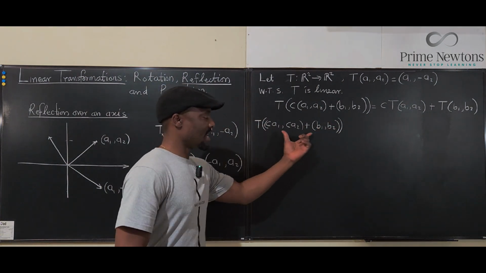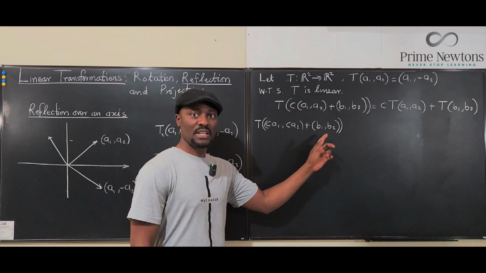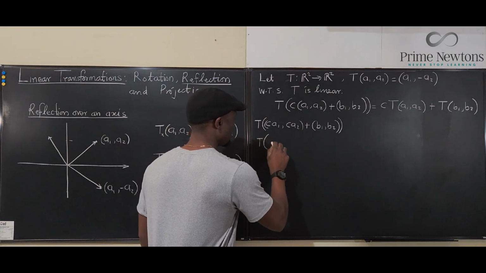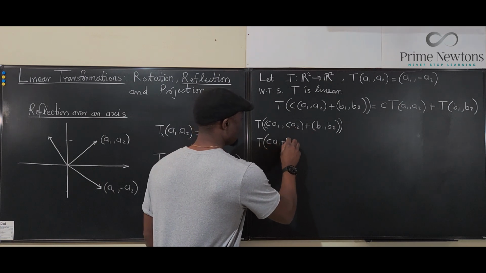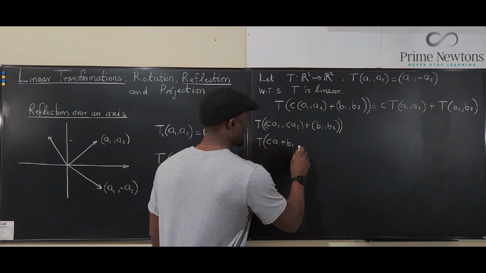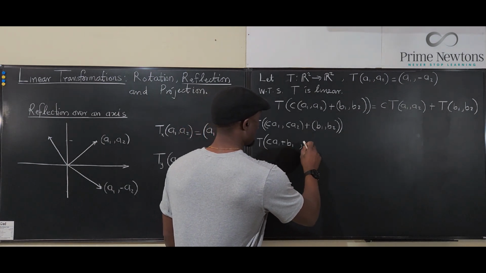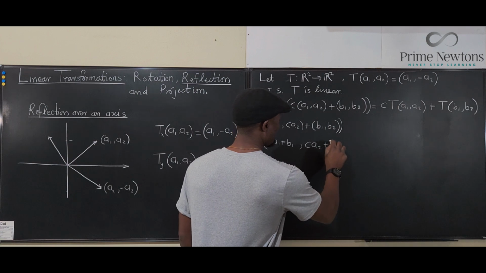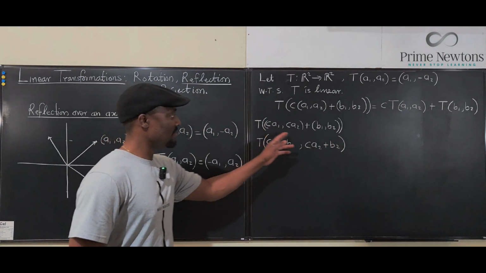Now, because they're vectors in the same vector space, I can add the corresponding components. So this is T of (CA1 plus B1, comma, CA2 plus B2), okay. So I've added corresponding components.